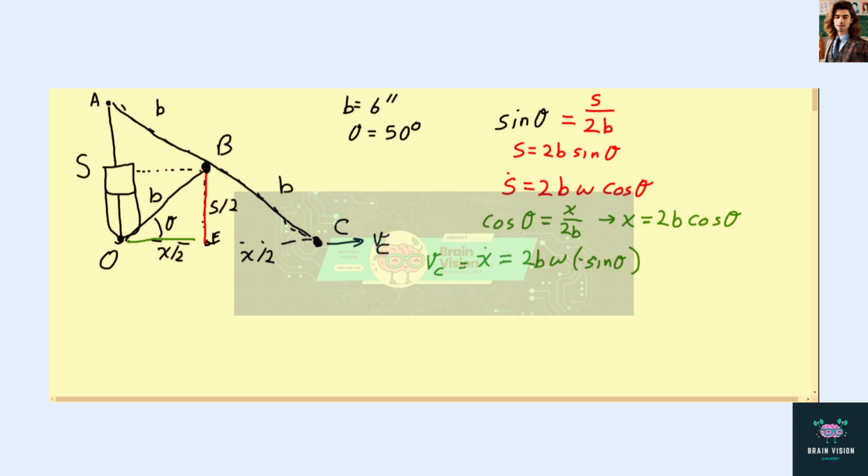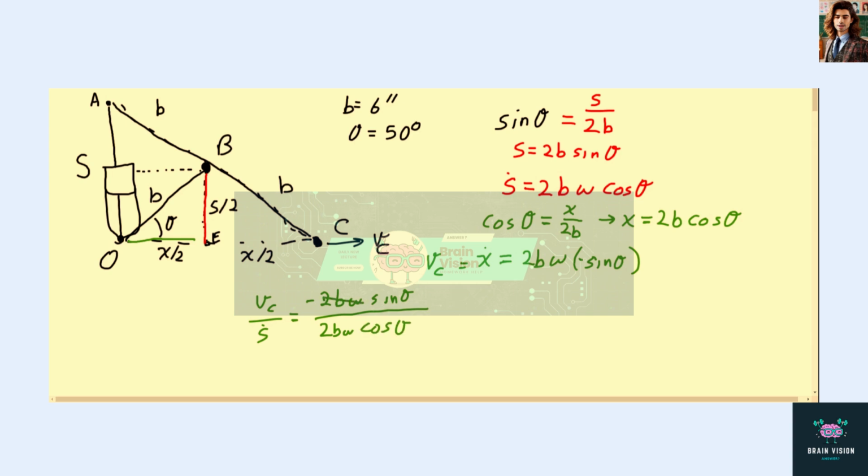So we can do a little bit of algebra here then and take our equation for VC and divide that by S dot. So we have VC over S dot equals, VC was negative 2b omega sine of theta. Divide that by S dot, which was 2b omega cosine of theta.